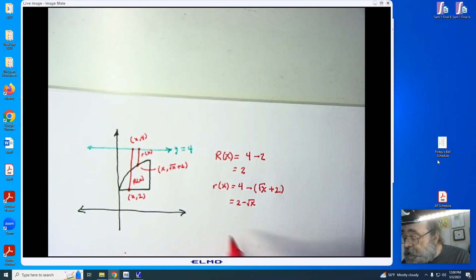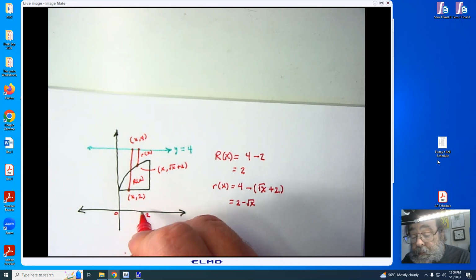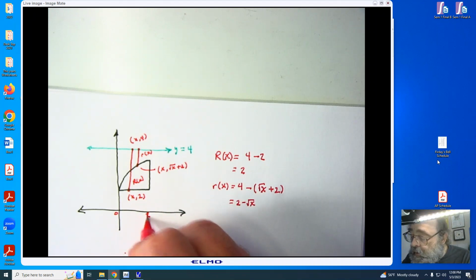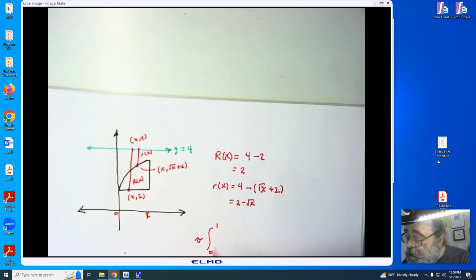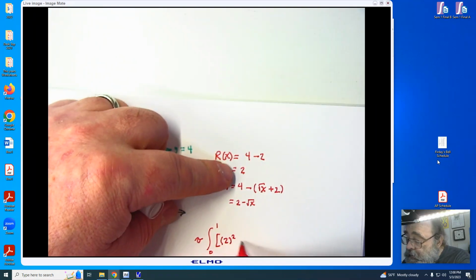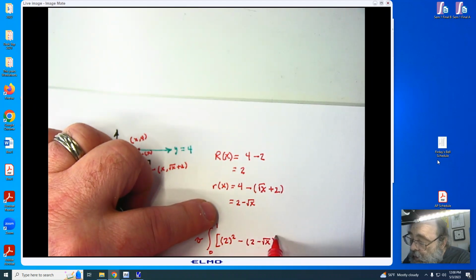Putting it into my formula. Pi integration, still from 0 to 1. Big R, 2 squared, minus little r, 2 minus root x, the quantity squared, dx.